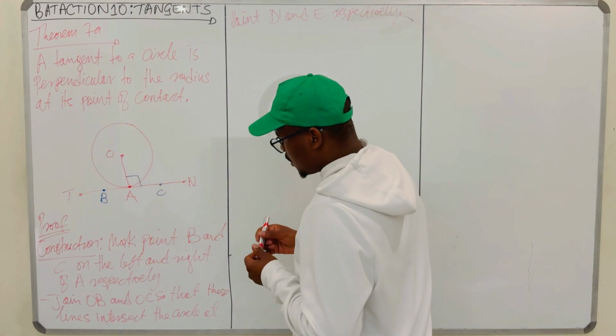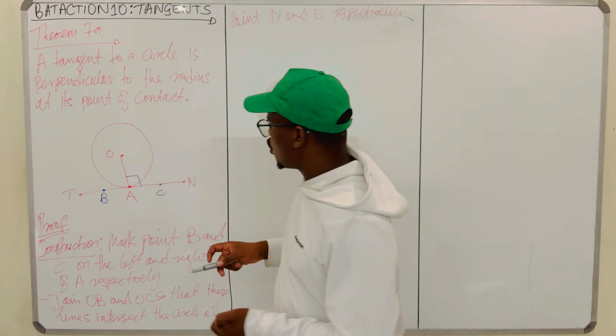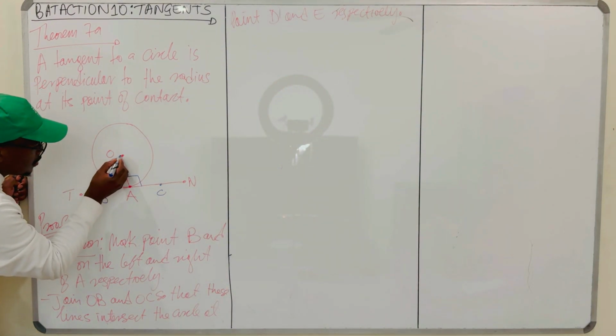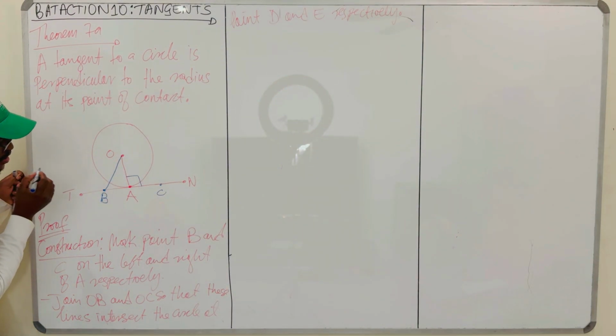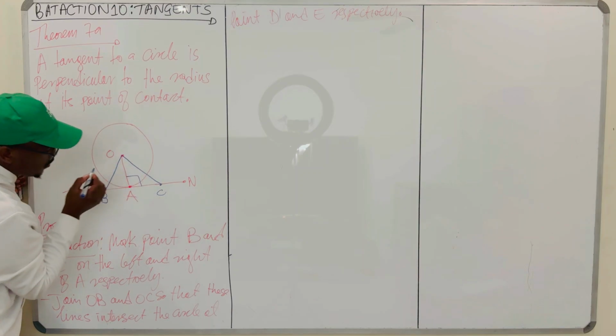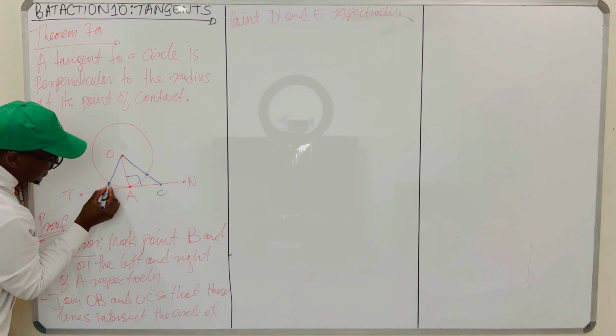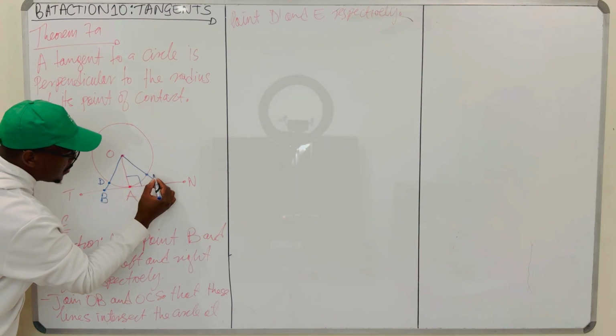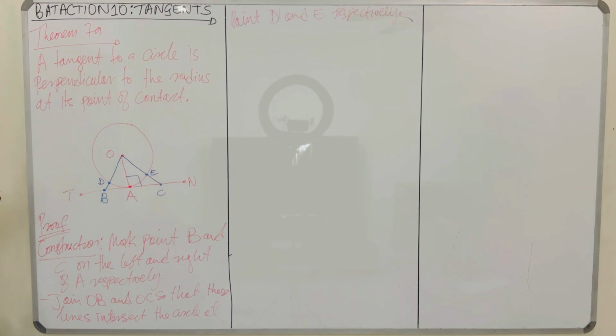Are you with me? So what are we going to do? We're going to join OB. Can you see OB and OC over there? So that they intersect the circle at point D and point E respectively. Do you agree? Is it clear so far?